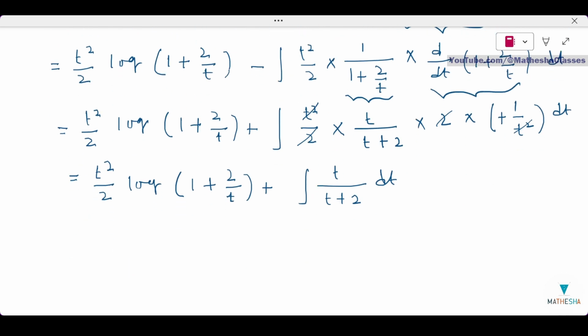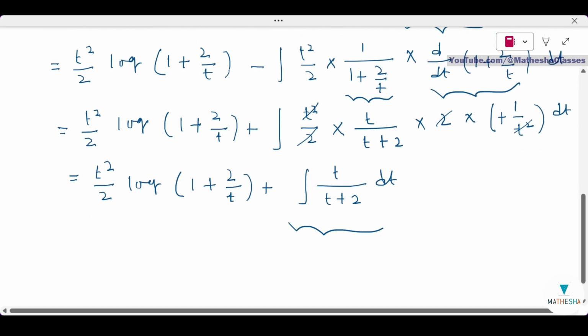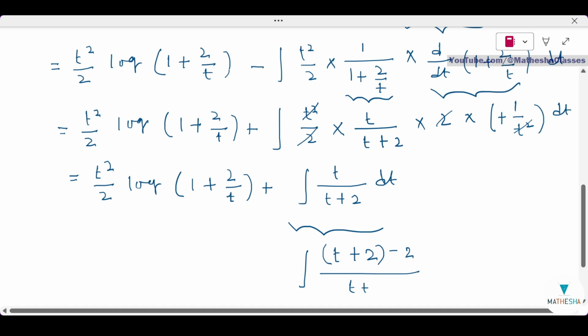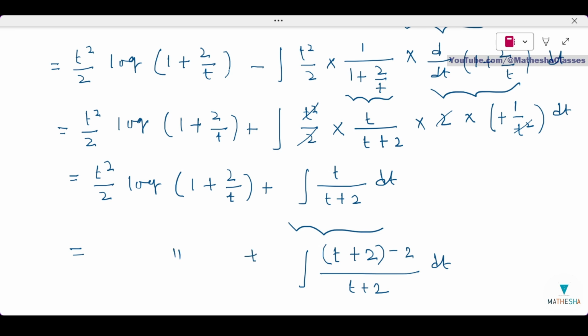And now note that this integration t upon t plus 2 dt can be written as integration t plus 2 minus 2 upon t plus 2 dt. So that would be equal to this plus that.